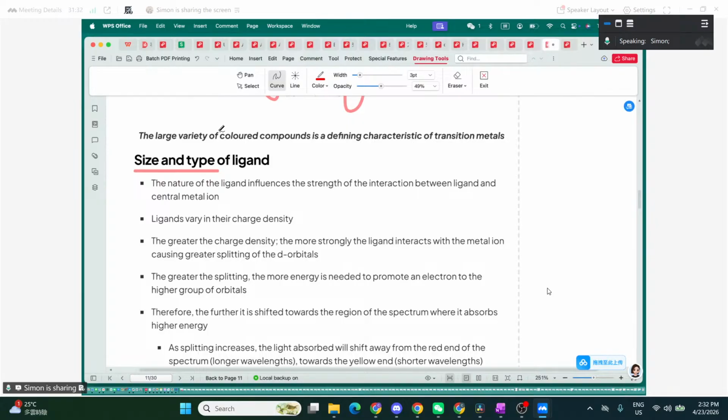How does the charge density change here? Because if the size and type of ligand are different, they have different charge density.